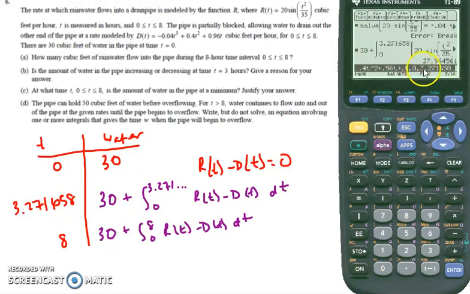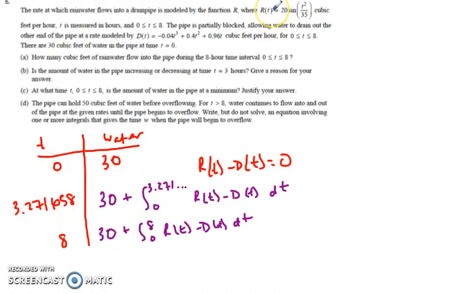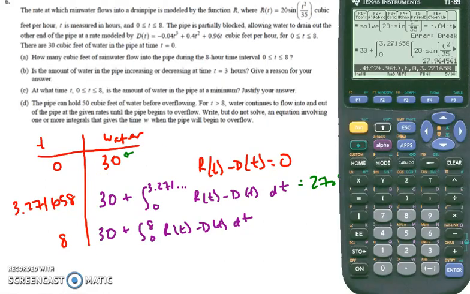And I get 27.9645. So let me write that down here. 27.9645. Okay, so right away, that's smaller than my initial value here of 30. So now let's find out what's happened at time equals 8. All I have to do is change my integral to end at 8.